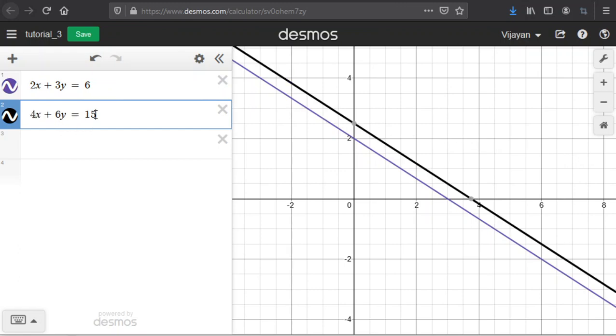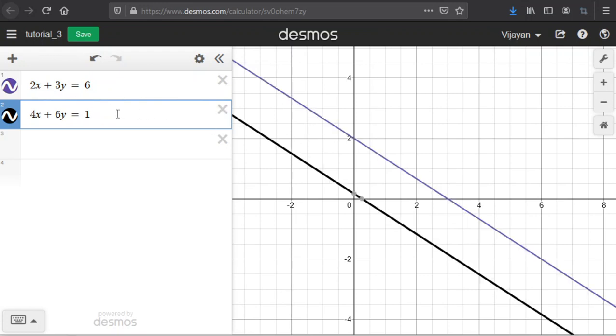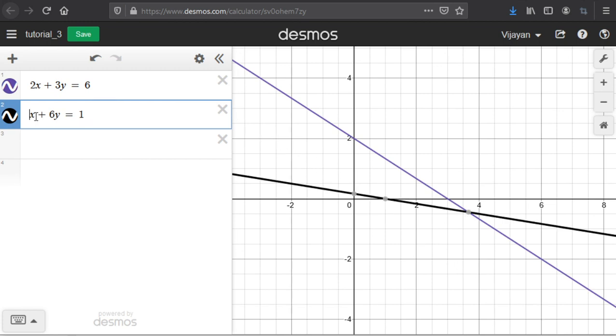Infinite solutions will exist when both functions are linearly dependent, that is, this function is twice this function. In this case no solution will exist, and in this case a single solution will exist, the point of intersection. So this is how the chapter on simultaneous equations can be taught graphically.